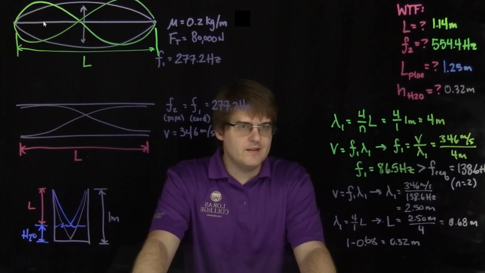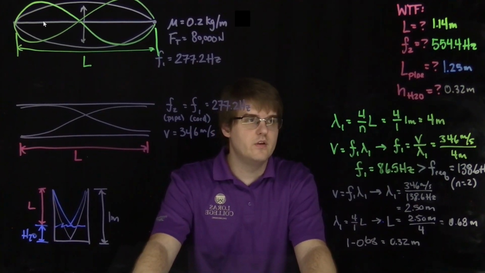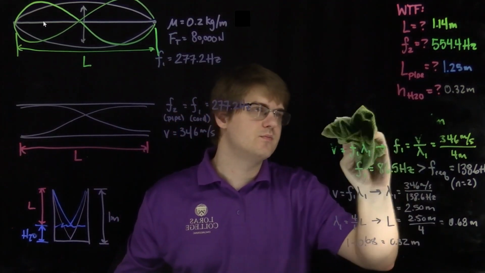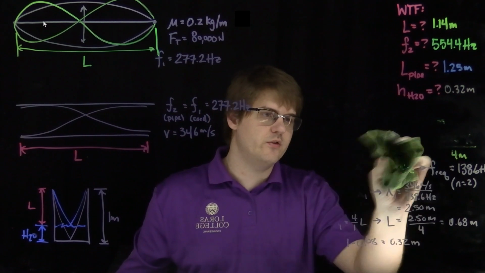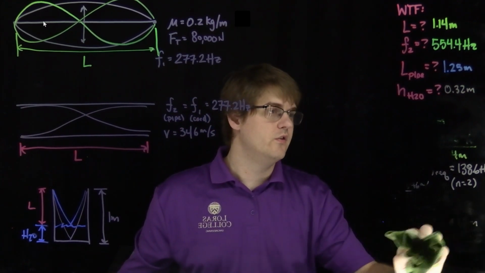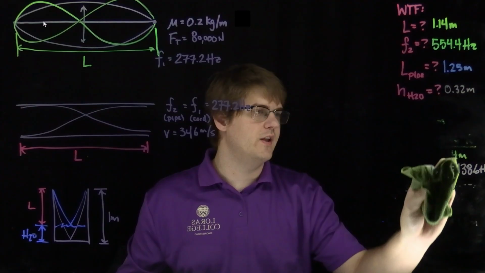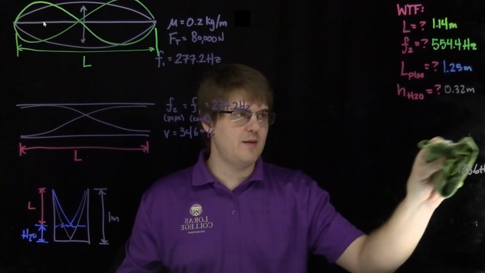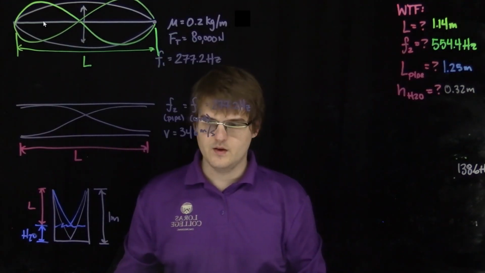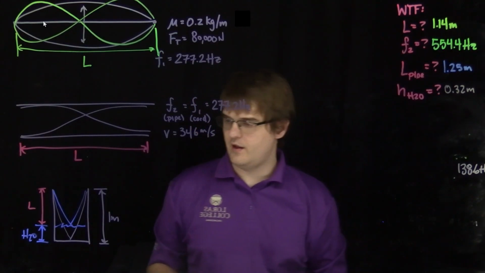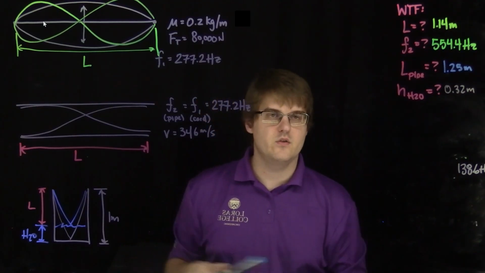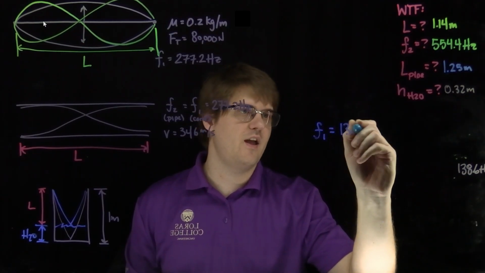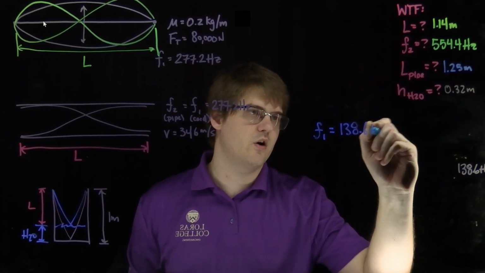However, there's something a little bit cheesy about this. If we actually think about this, what sounds is this going to produce? I should probably leave that 138.6 hertz. That is producing a sound of 138.6 hertz. Now, if I start writing this down, frequency 1 is 138.6 hertz.